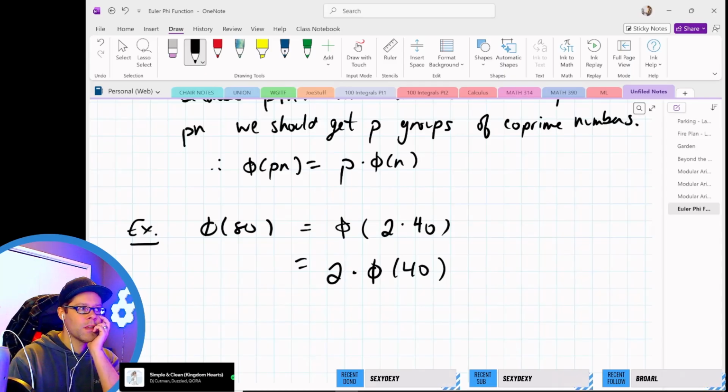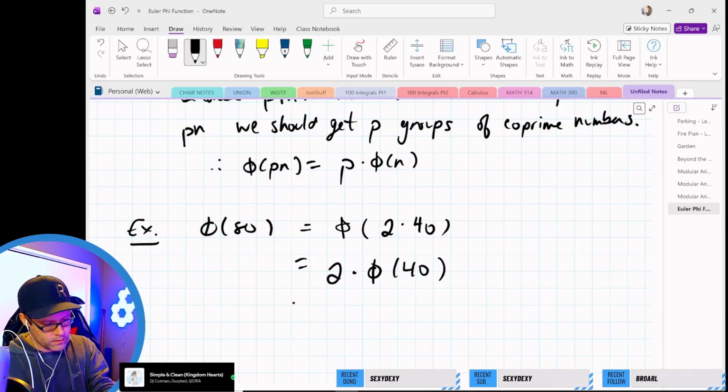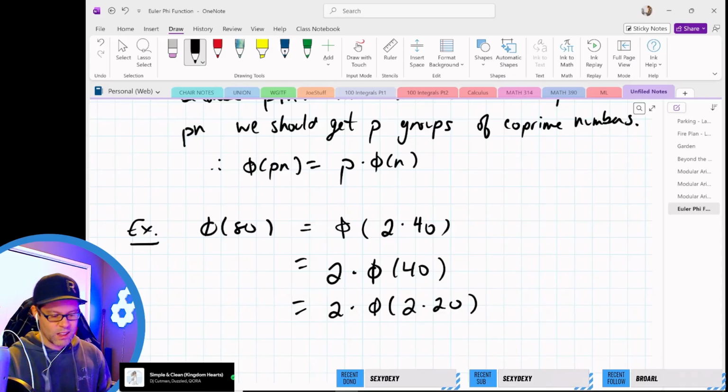Can we do the same thing for 40? So can I pull out another factor of 2 here? And go like 2 times 20? That seems like something I can do, right? So maybe rewrite this as 2 times 20, and then I can use the lemma again.